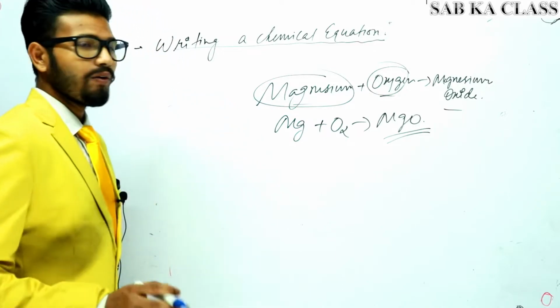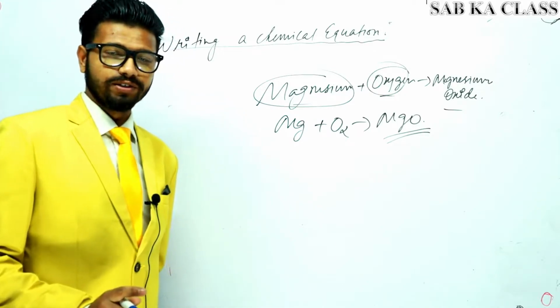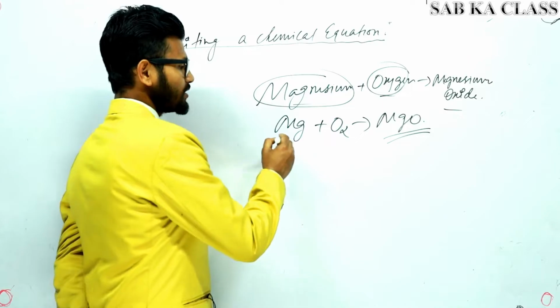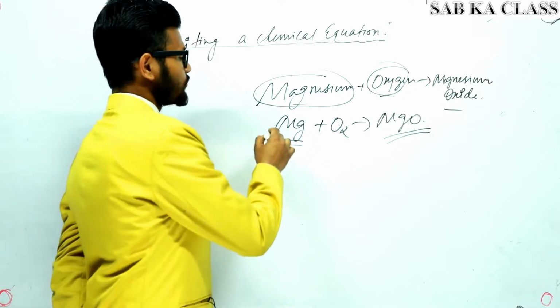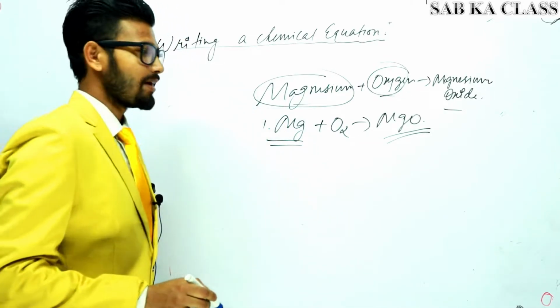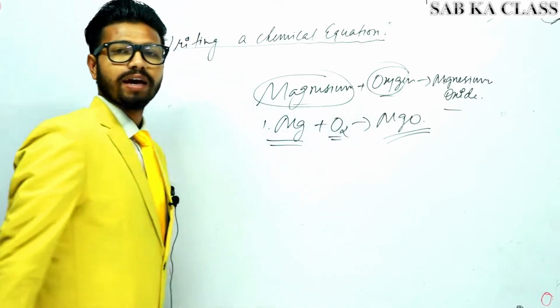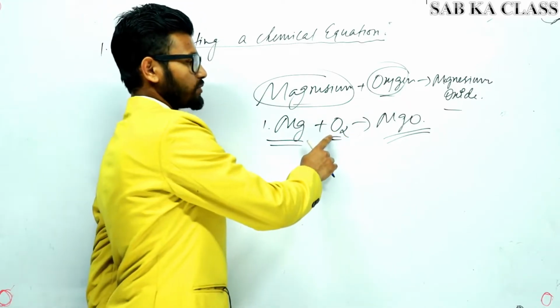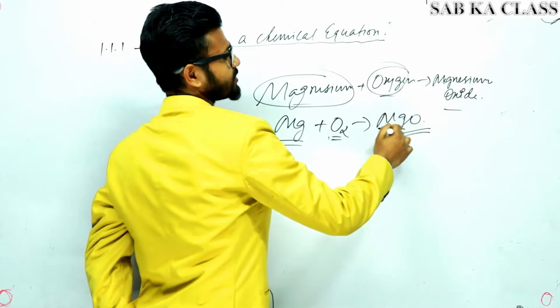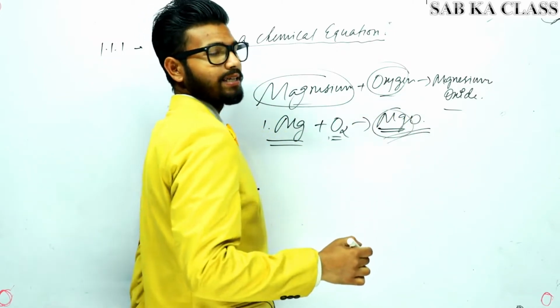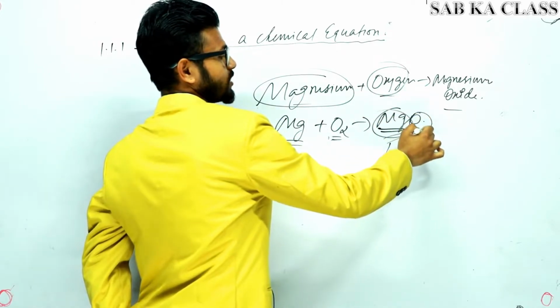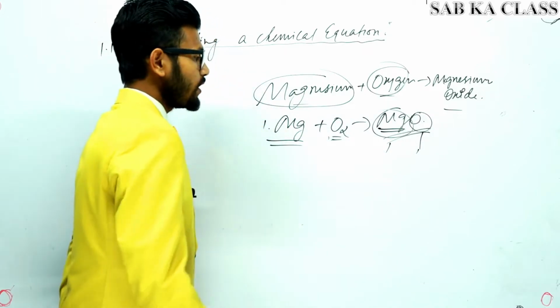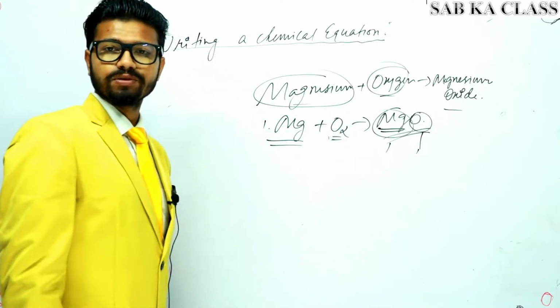Now you might be having questions to ask me. Here you can see the magnesium. Here is one atom of magnesium, and here there are 2 oxygen atoms. But here again you can see the number of magnesium atoms is 1, while the number of oxygen atoms is also 1. Where did the other oxygen atom go?